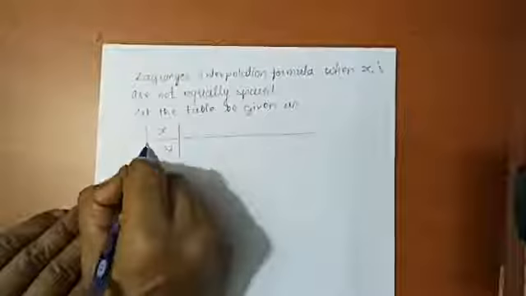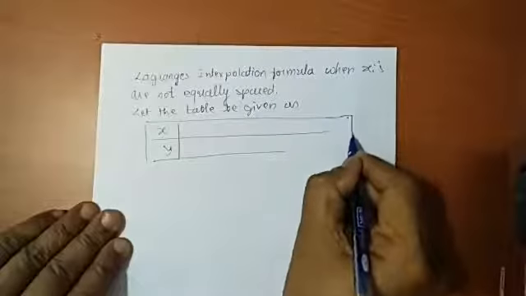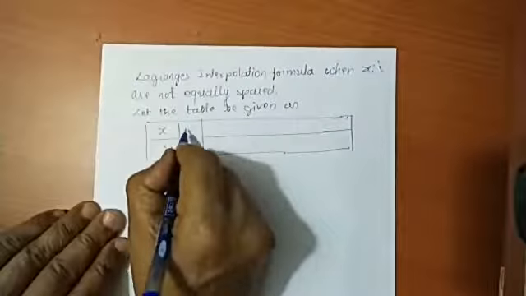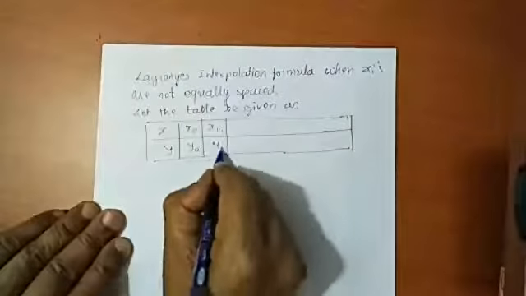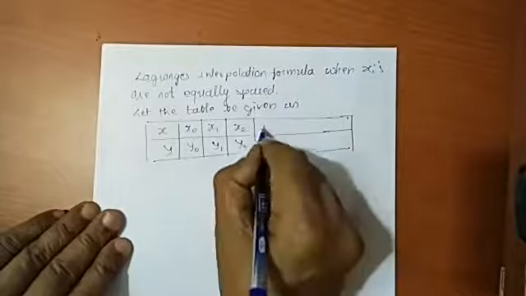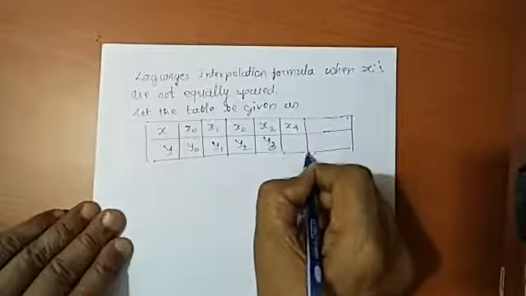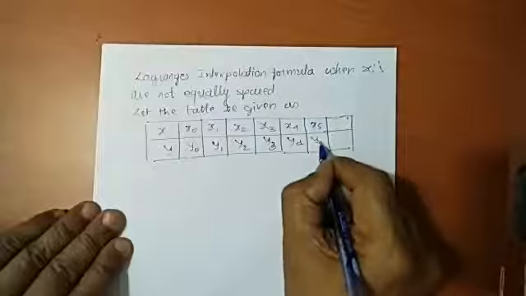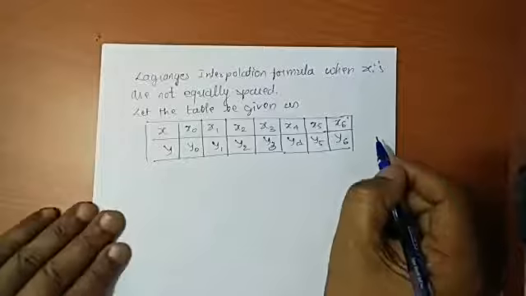So here, at maximum, I go up to say a sixth degree polynomial. That means I go up to x6, right? So x0 is given as y0, x1 is given as y1, the value at x2 is given as y2, at x3 it is given as y3, at x4 it is given as y4, at x5 the value of y is given as y5, and at x6 the value of y given is y6.